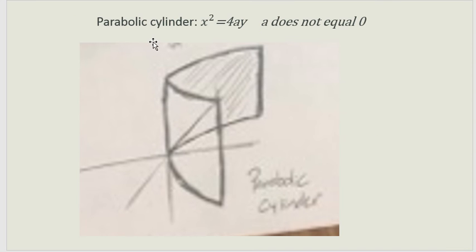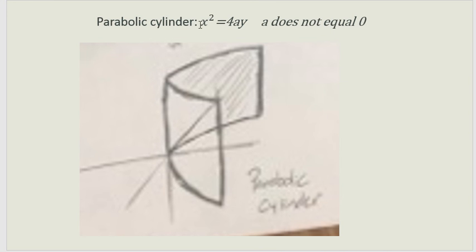In a parabolic cylinder, what we notice here, I couldn't really highlight it because it doesn't exist, is that z is free, which means that this shape here extends forever. But I wasn't going to draw a forever extending shape because I can't really do that.